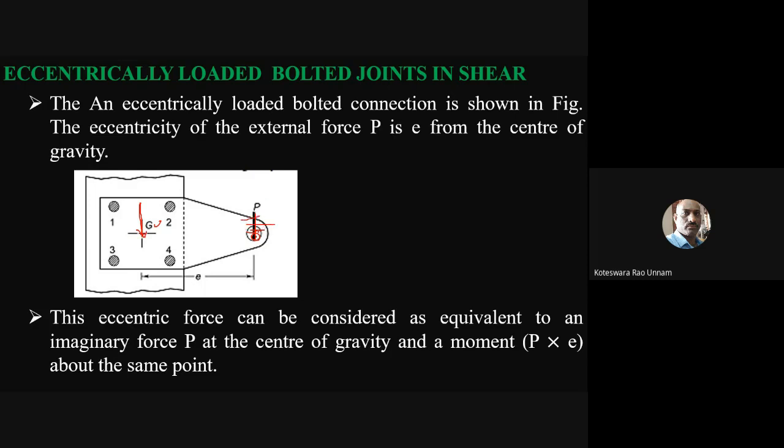If I transfer this load to G, the effect is a load of magnitude P in the same direction. In addition, there is a moment. If I take moment about this point G, the moment of this force is clockwise. So this P will rotate this bracket in the clockwise direction.